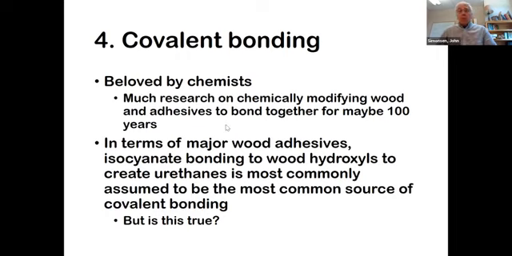Okay, number 4. This one we chemists really like because for this one, we want covalent bonding between the two substrates or adherents.